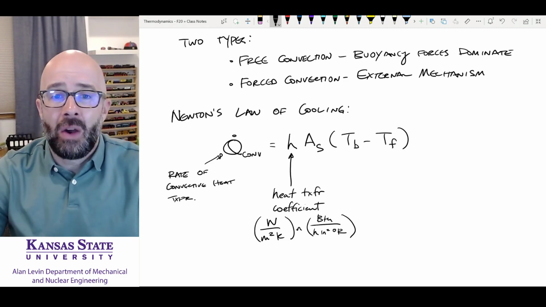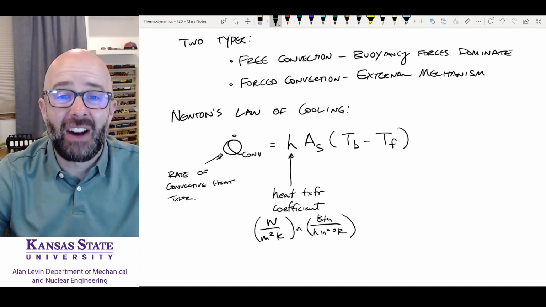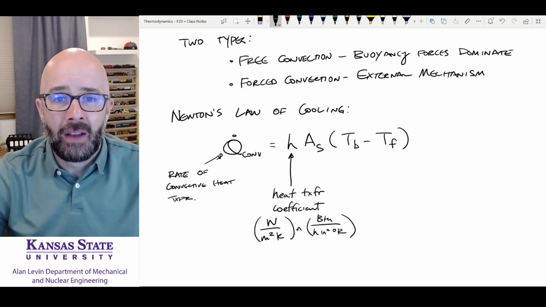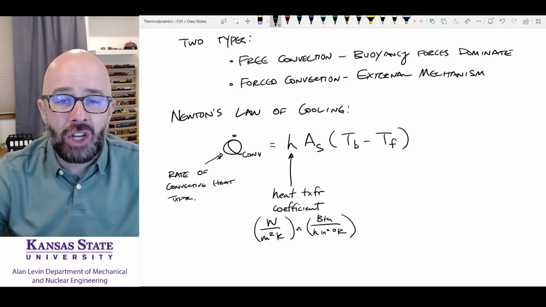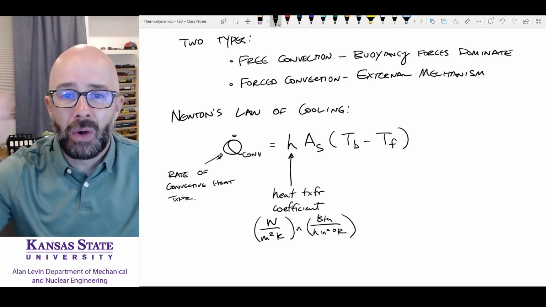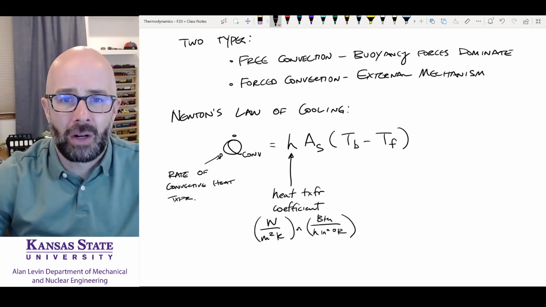In fact, when you take heat transfer, you will spend a month trying to find the heat transfer coefficients for different objects. For example, the heat transfer coefficient of a surface will change if you have laminar flow, nice smooth flow going over something, or turbulent, mixing flow going across.